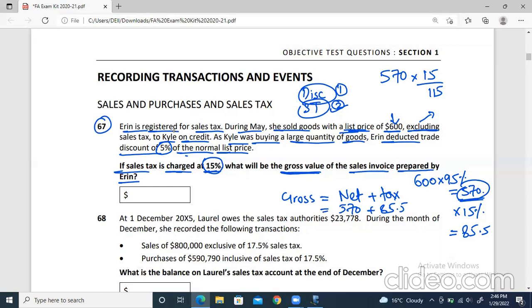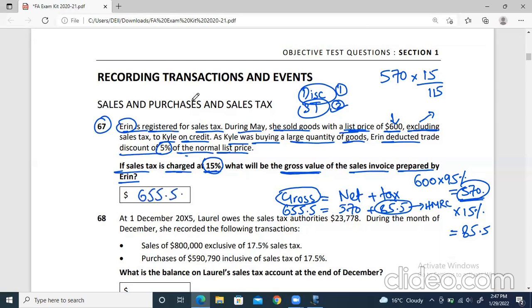So 570 plus 85.5 is 655.5, right? So this is the gross amount that Erin will charge to the customer, because obviously she will take the tax from the customer, and then this 85.5 will be given to the HMRC, which is the tax department, right? So this answer will be 655.5.